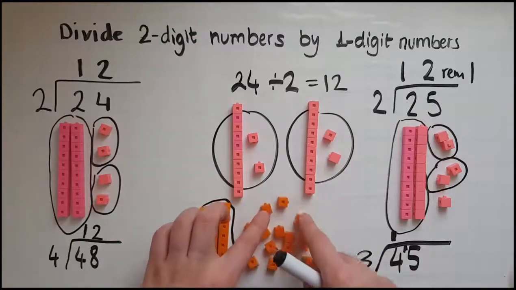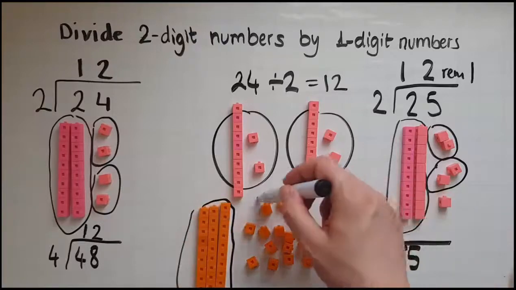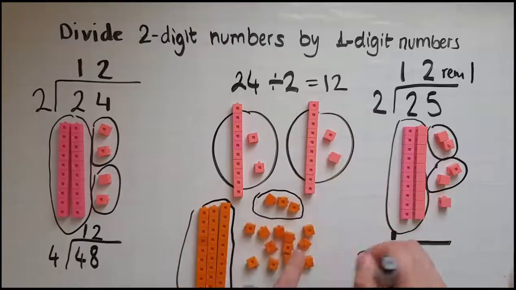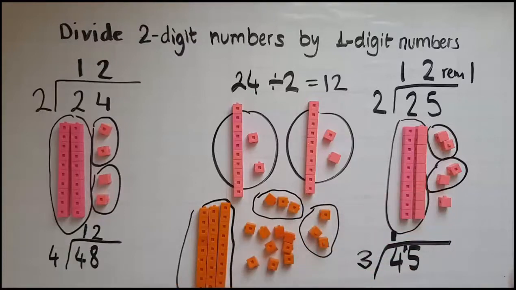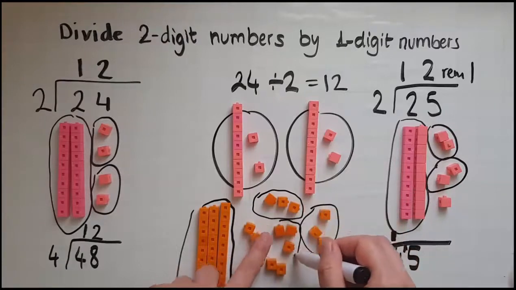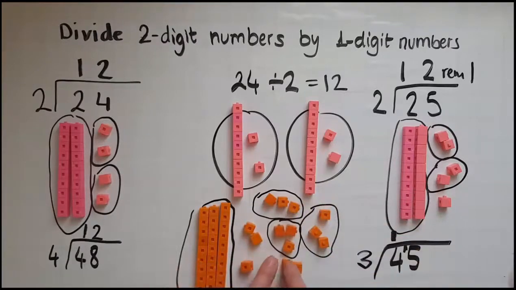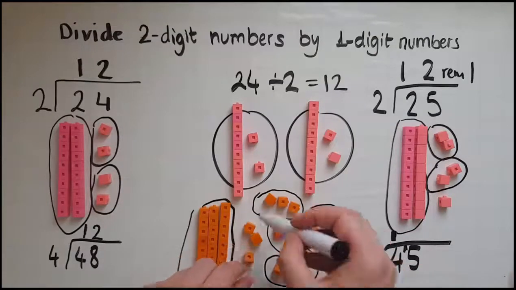Let's see. So I can make a group of 3. I can make another group of 3. So 3 and 3 make 6. And another 3 makes 9. And another 3 makes 12.